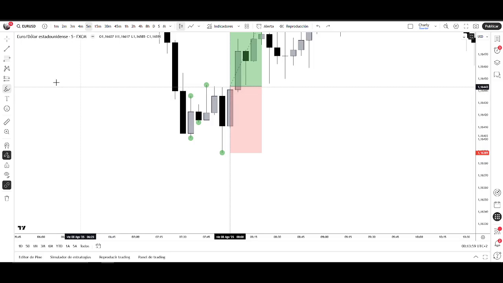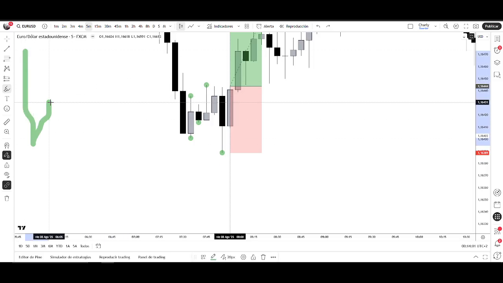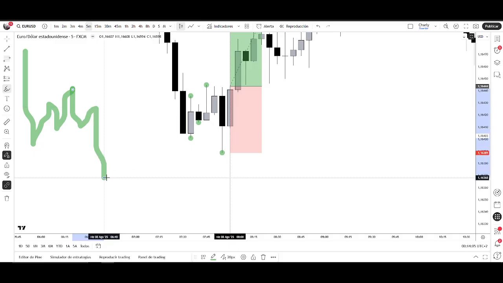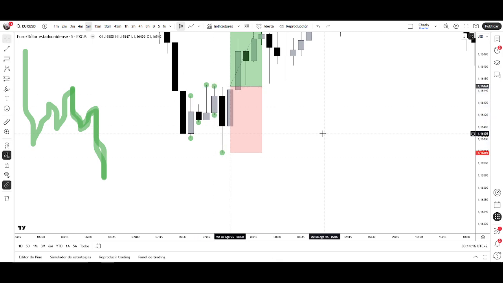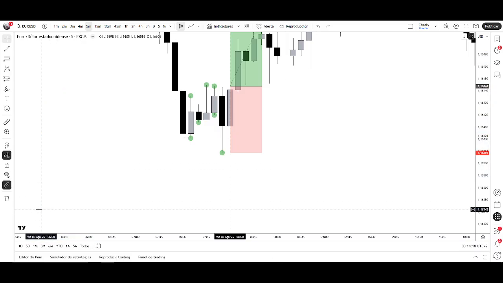So literally, if we have to draw this up, it will be this, and then this. All right, we have high, low, lower high, lower low, high, low, lower high, lower low. Therefore, the structure that we have is this. This is exactly the levels that we have to keep in consideration.